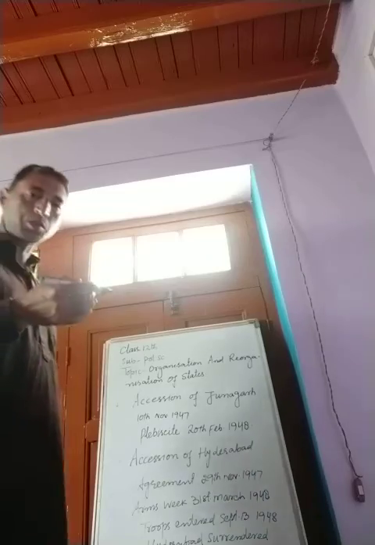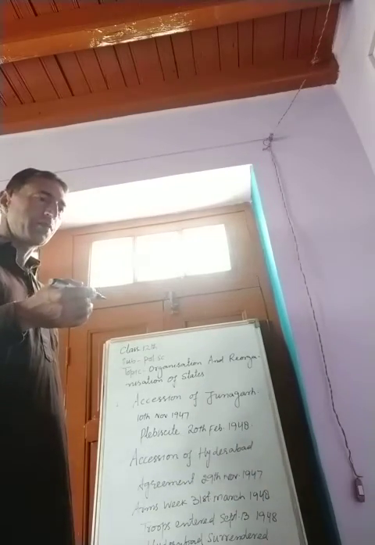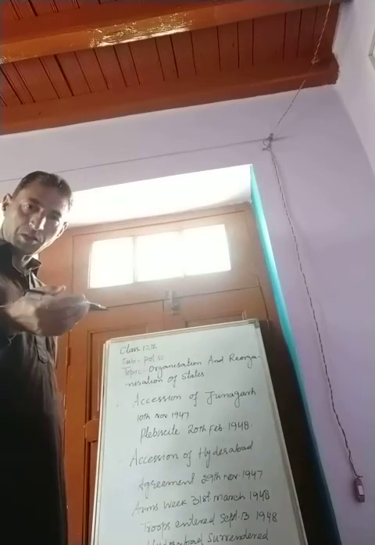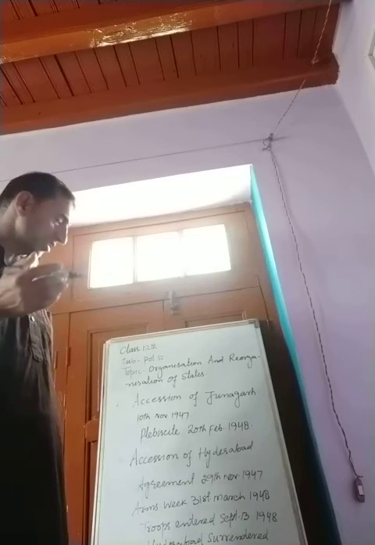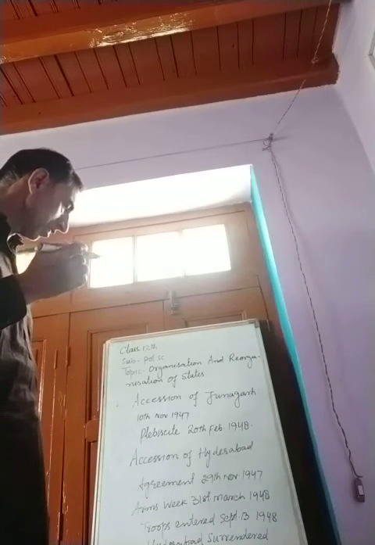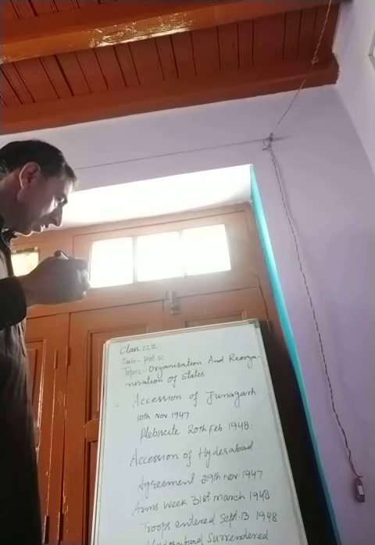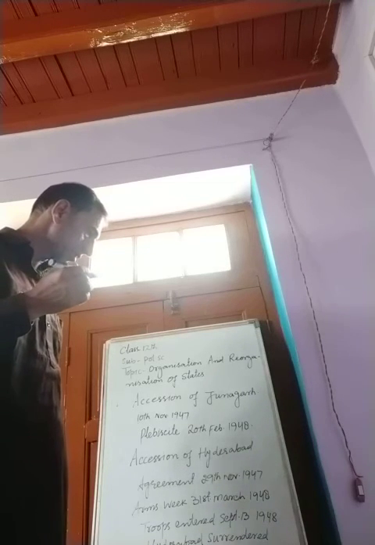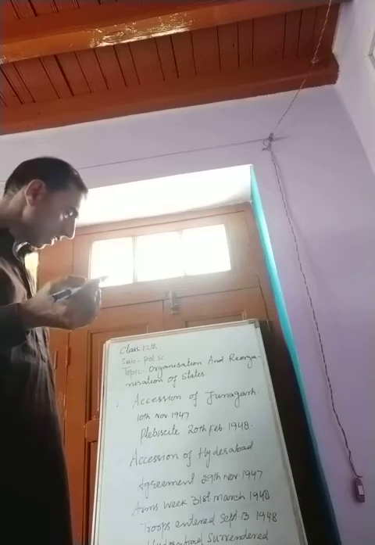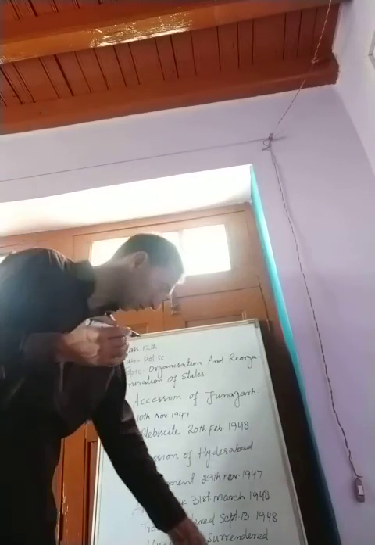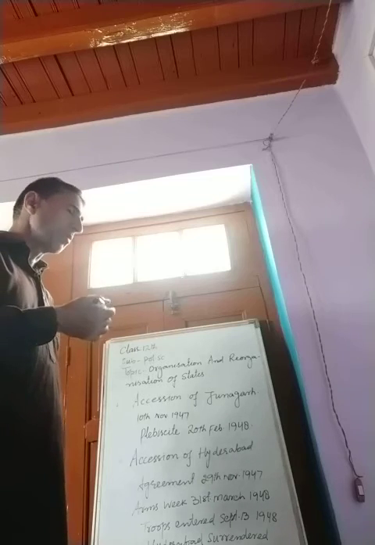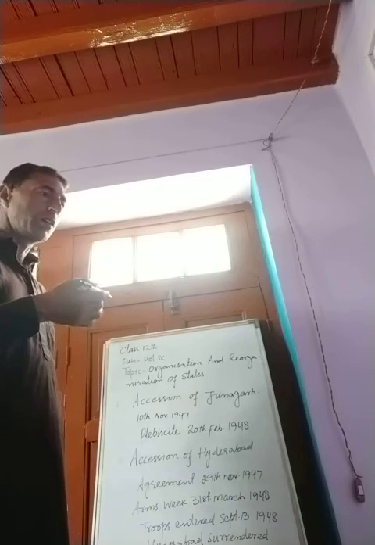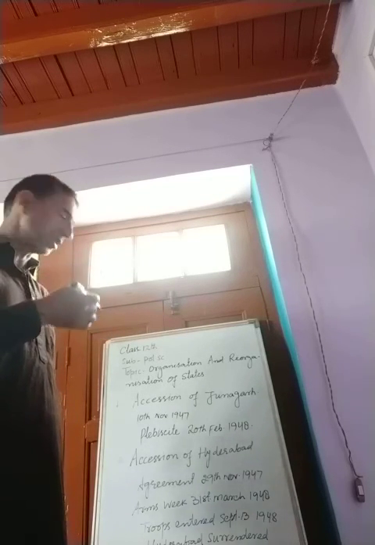Finally, being a small state in terms of arms, ammunition, population and size, they could not withstand the Indian pressure, and finally Hyderabad surrendered. The troops of Hyderabad surrendered on 17th September 1948. In this way, Hyderabad also became a part of India, or it acceded to the Indian Union.